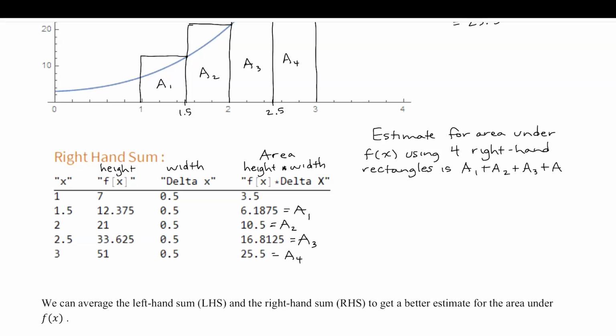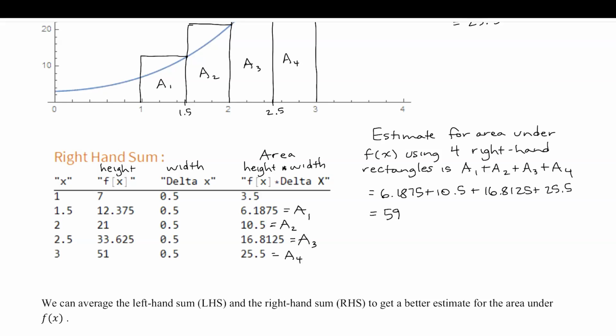I can add these 4 areas together. So I've got 6.1875 plus 10.5 plus 16.8125 plus 25.5. And if you add those together, I dare say you get 59, and you are free to double check. And here's another thing you could do.